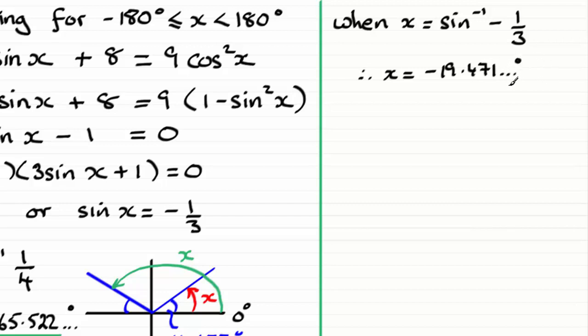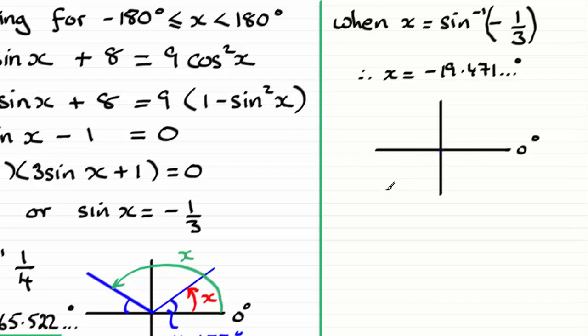Okay, and that's to be expected, because if you look at your quadrant diagram, just draw that again, 0 degrees there. When you've got a negative value for sine, you can expect your answers to be in the 3rd and 4th quadrant.